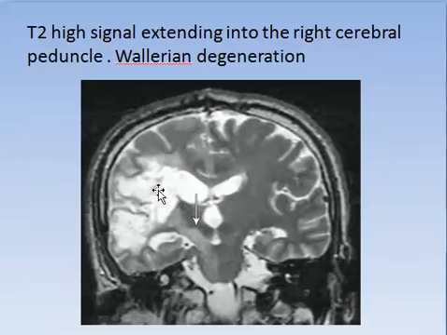Here it is. This is the infarct, and these are the T2 high in signal intensity extending into the right cerebral peduncle, called Wallerian degeneration.